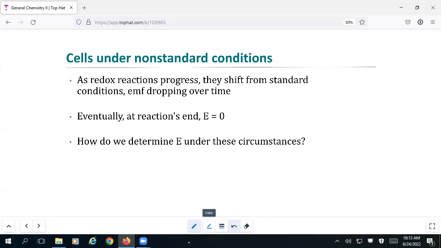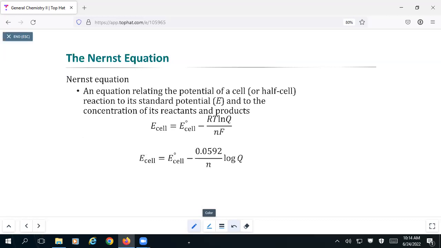So other than this qualitative idea of we know that batteries degrade, can we actually put some numbers to it? And of course, no question in chemistry is answered hypothetically. There's, of course, a way to do it. It's called the Nernst equation. Now, what the Nernst equation does is it allows us to relate the potential of a cell to the standard potential based on current conditions.